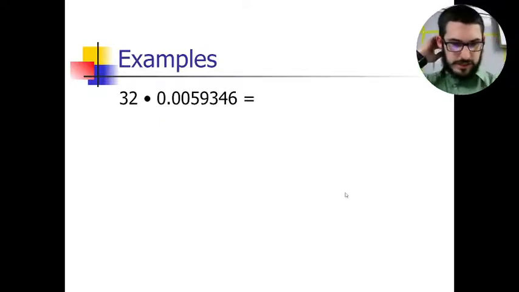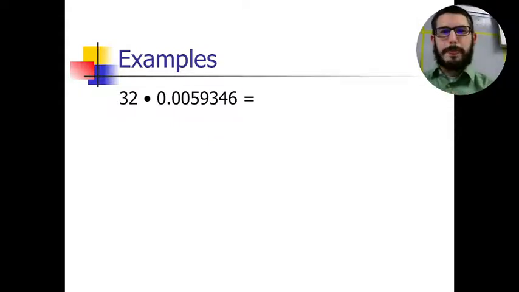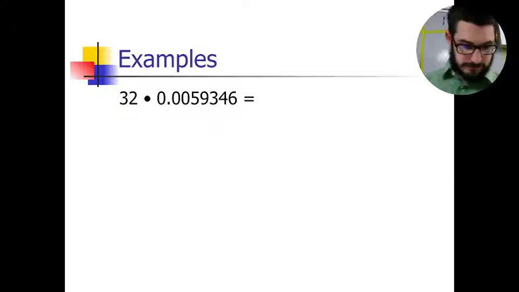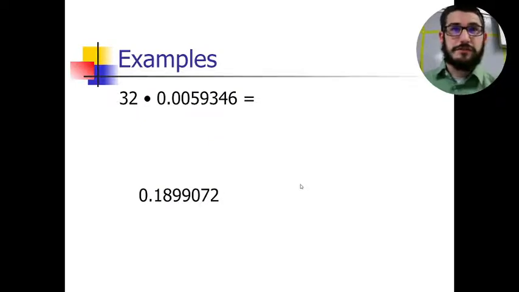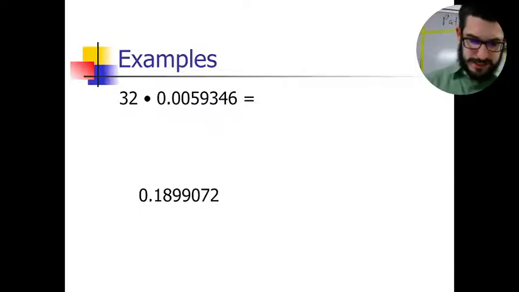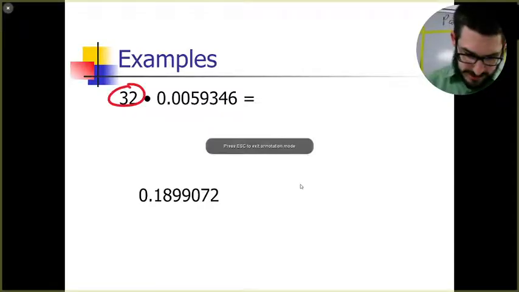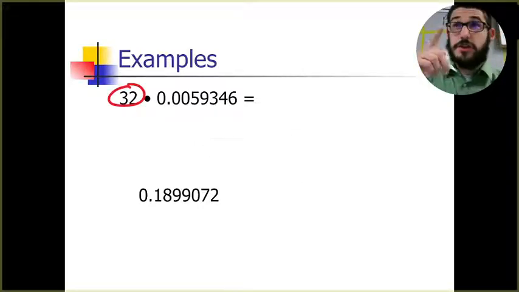And try this one real quick. Okay, you should have gotten an answer of 0.1899072, and to check significant digits, I've got how many here? 2.